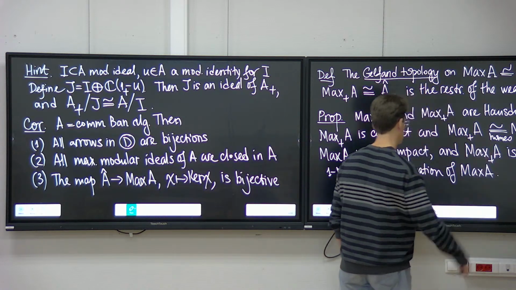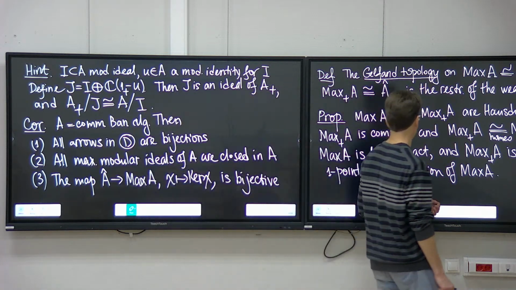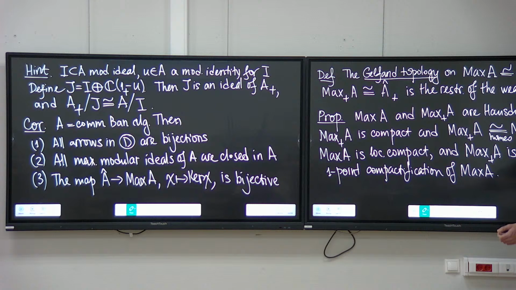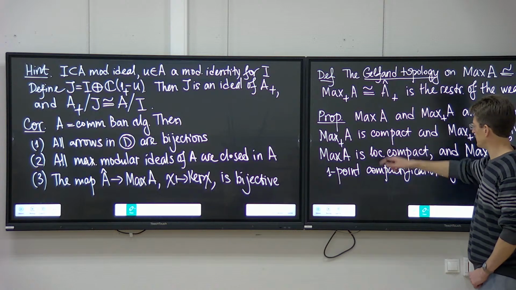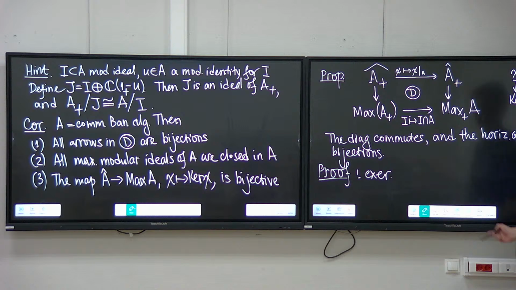Well, indeed, why is it so? I have already explained why they are Hausdorff: simply because A star is Hausdorff for the weak star topology. Max plus of A is compact. Just look at this diagram.